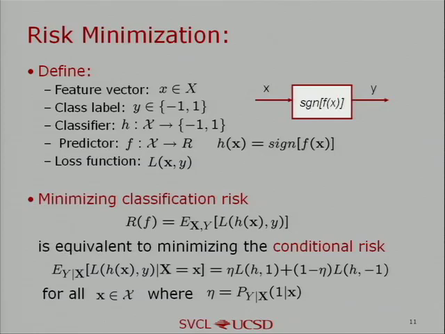Our classifier is just going to be the sign of our predictor f. We also have the loss function L. What we're going to be doing is minimizing the risk or the expected loss, which is equivalent to minimizing the conditional risk. Here we define eta to be the probability of one given x.